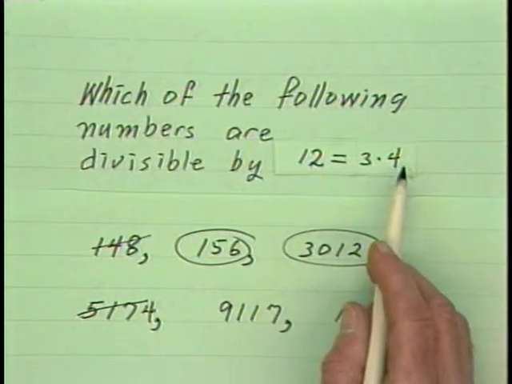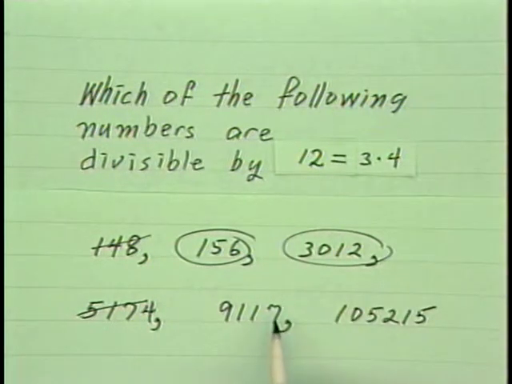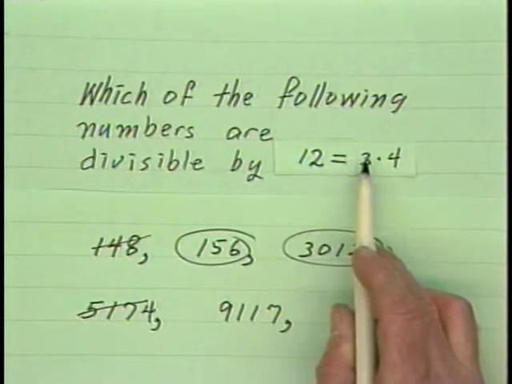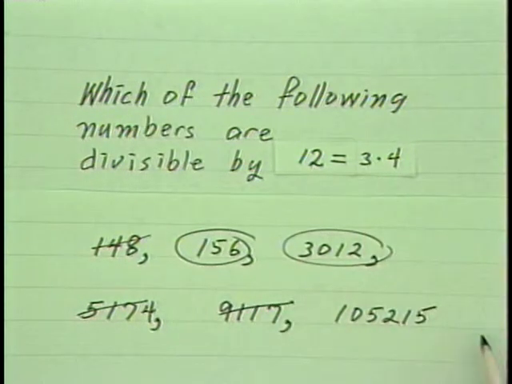They both have to go in. So in this case, this isn't even, so I can't get a 4, so I don't care if 3 goes in. 12 will not. Same thing here. If this is odd and 12 is even, then for sure 12 can't go in. So we have 2 of these 6 divisible by 12.